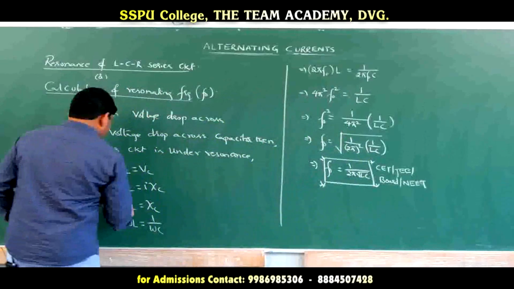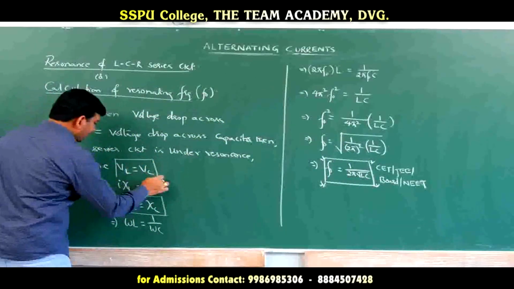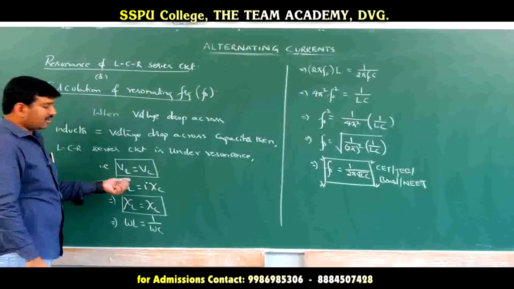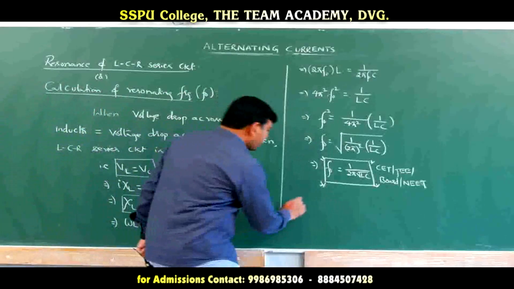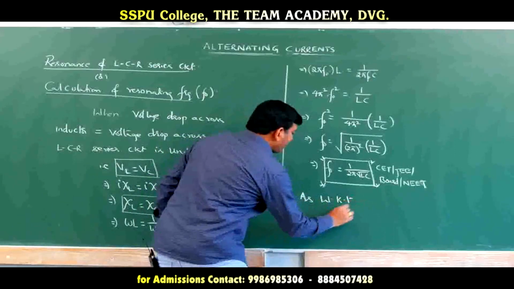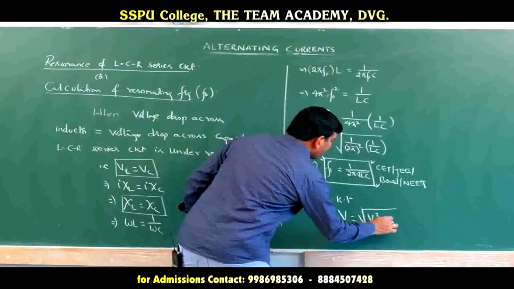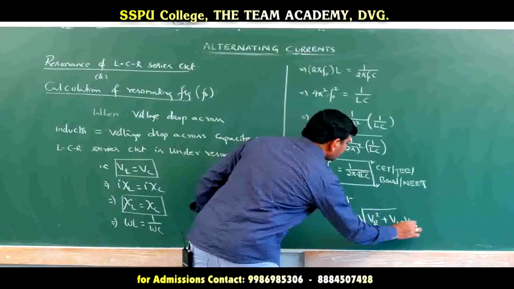Inductive reactance is equal to capacitive reactance. Voltage drop across the inductor is equal to voltage drop across the capacitor. And one more thing is, as we know, the applied voltage V is equal to square root of VR square plus VL minus VC whole square.